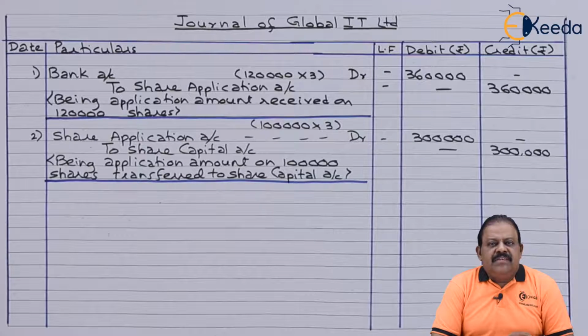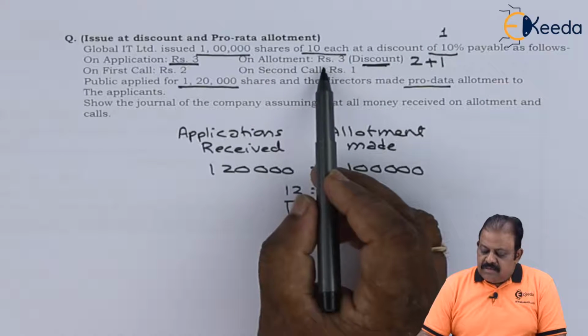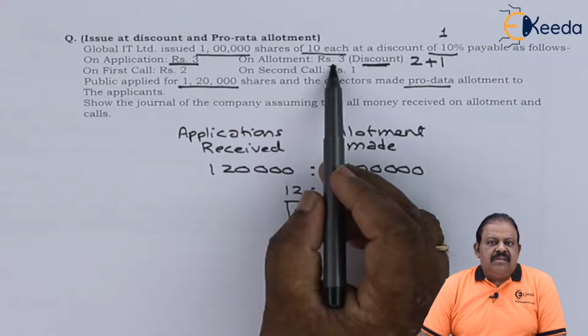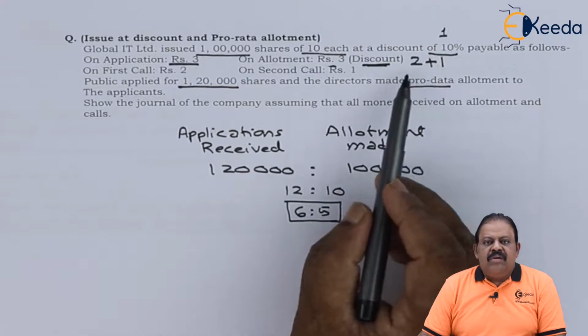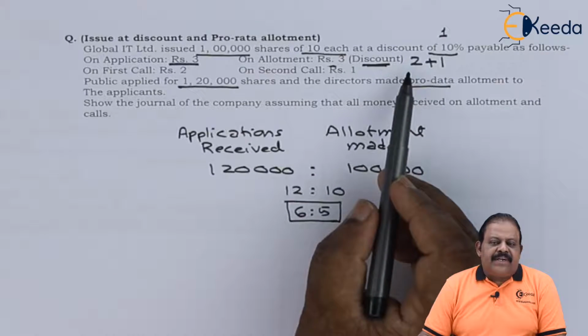After this, the company demands allotment amount from the shareholders, and accordingly we are required to record an entry for allotment amount due. While passing this entry, we are required to adjust the amount of discount, that is rupees 1. On allotment, rupees 3 is adjusted, where 1 rupee is for discount and 2 rupees for share capital.